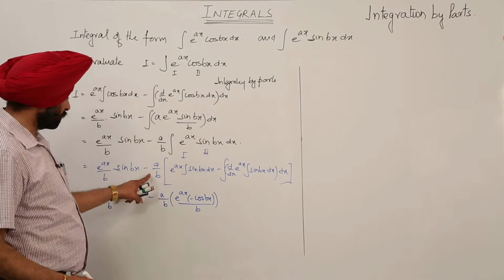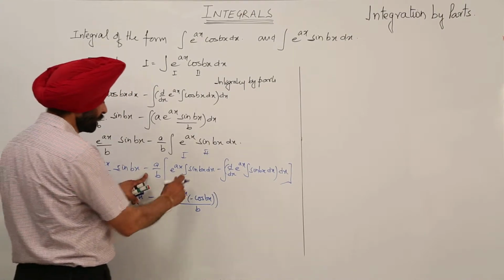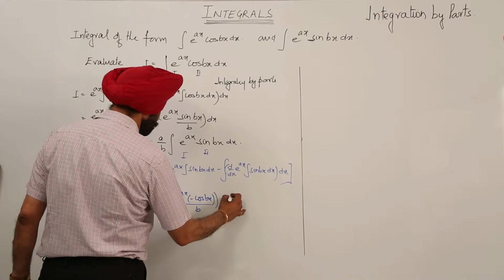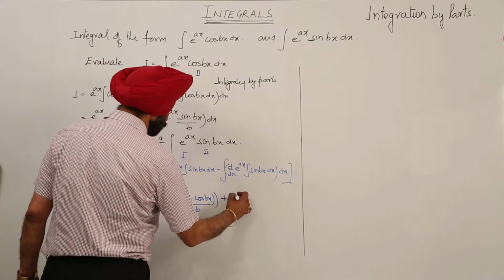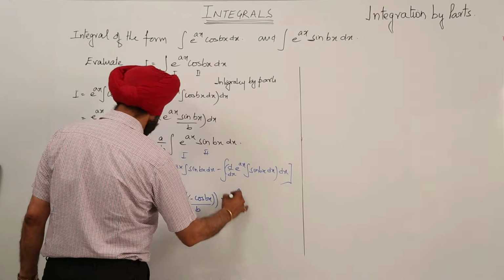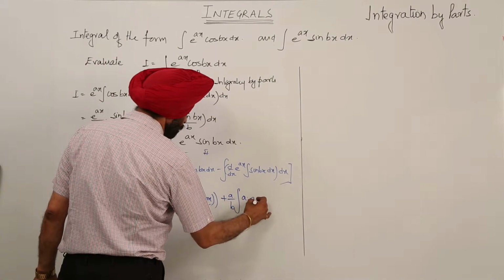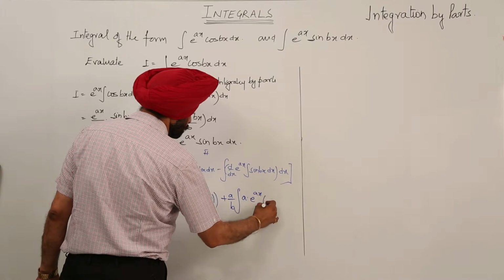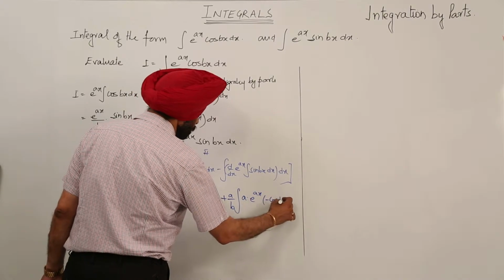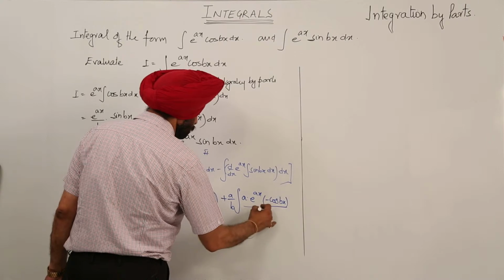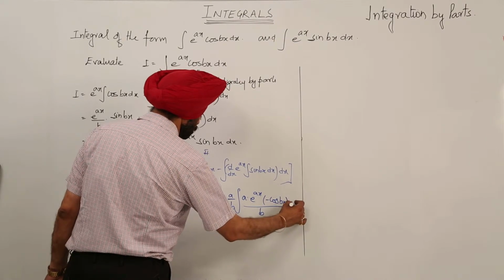This is negative with this part, negative with this one, positive, a upon b integration of a e raised to power ax minus cos bx upon b dx.